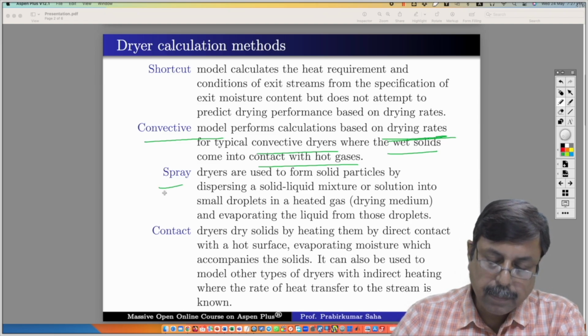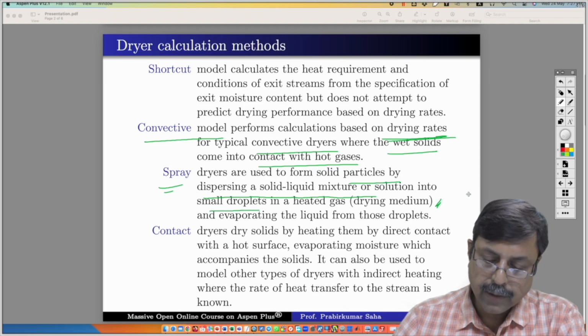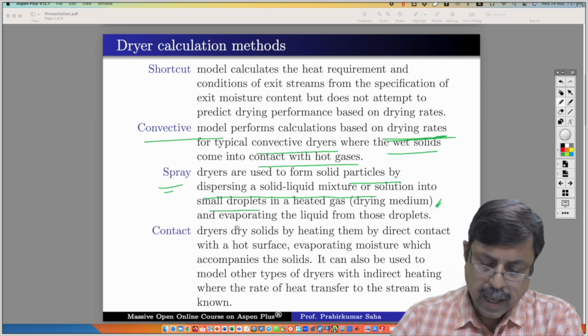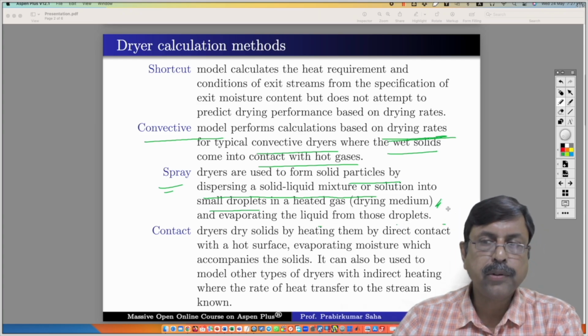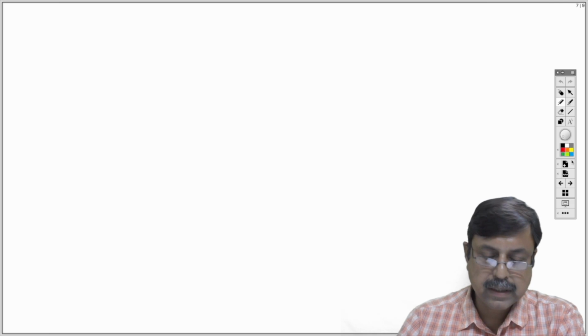And then comes the spray dryer. Spray dryers are used to form solid particles by dispersing a solid liquid mixture or solution into small droplets in heated gas. So here also heated gas is used, evaporating the liquid from those droplets. Now let me give a small description about how a spray dryer works.